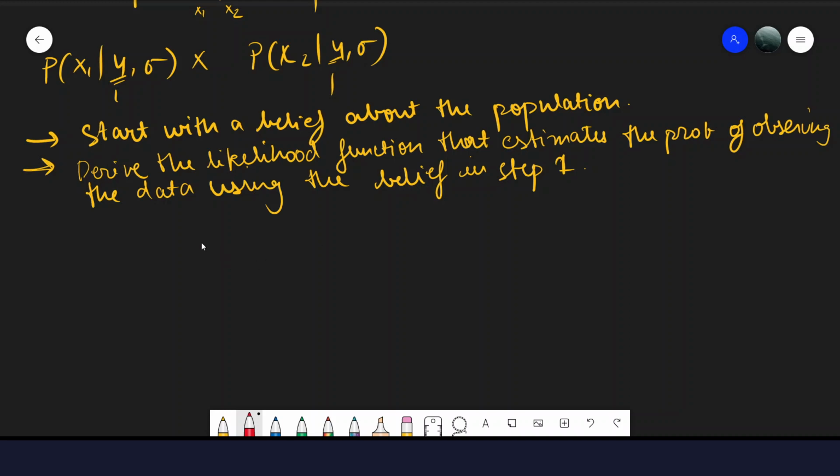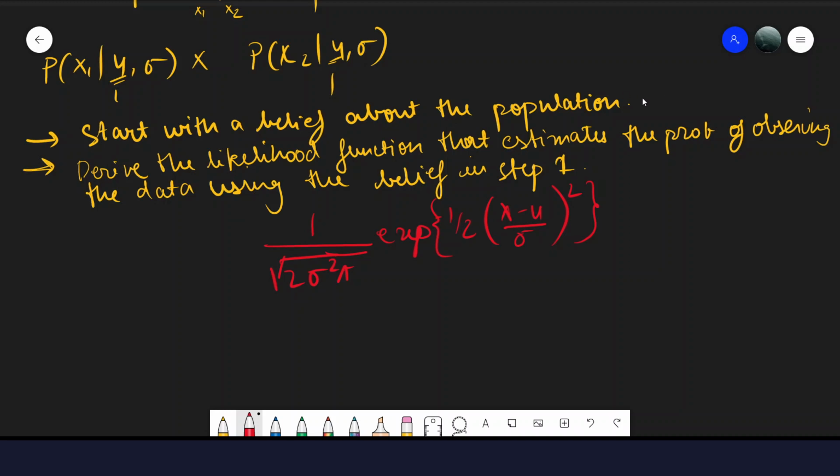In this case, we already know what the likelihood function for the Gaussian distribution is. It's given by 1 by the square root of 2 pi sigma square, times exp of minus half of (x minus mu by sigma) the whole square. This is my likelihood function that rests on the belief, and estimates the probability of observing the data using the belief in step one.